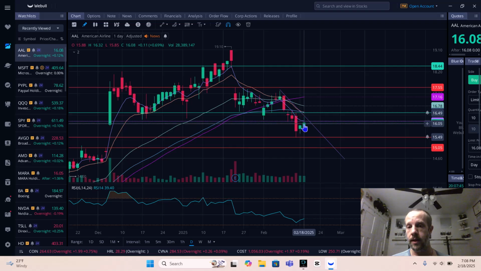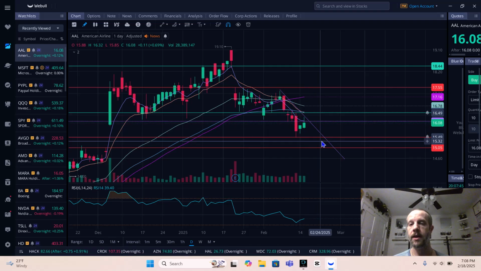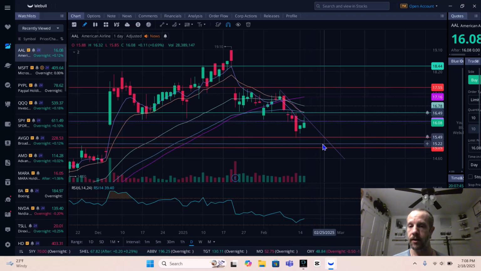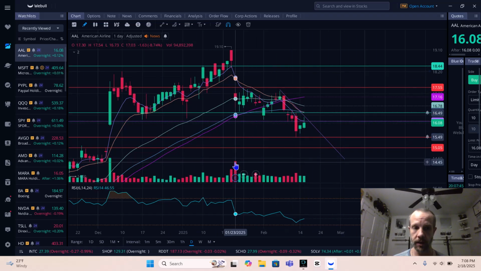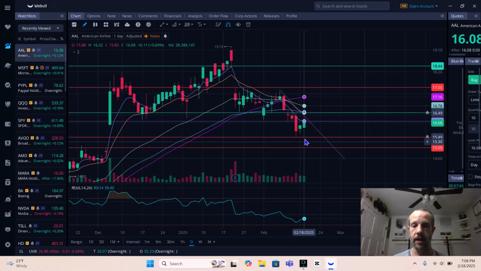If the price touches this line and then continues down, we're probably looking at a bearish scenario. But if it can break over the blue line and come up to the green line here, then we might be looking at a bullish scenario. So just a stock that I'm currently watching pretty closely for the next several days to see what direction it decides to go. But that is one of the main ones that we're looking at.